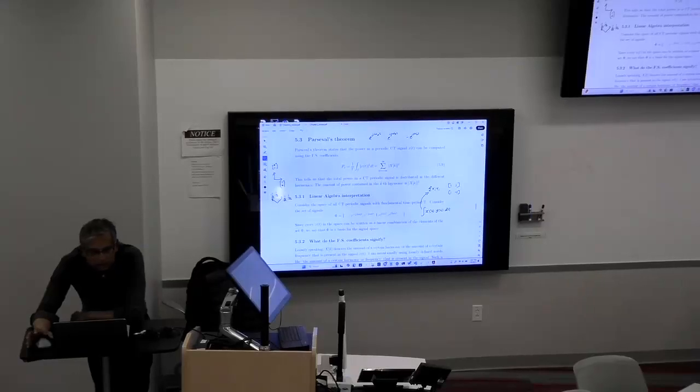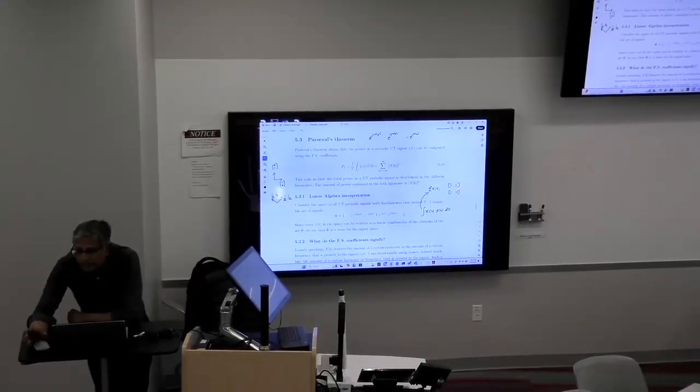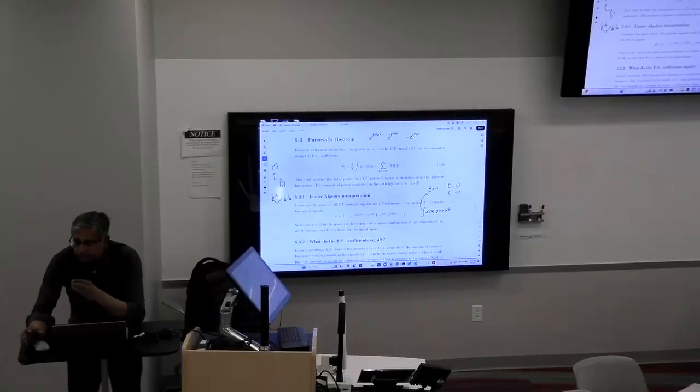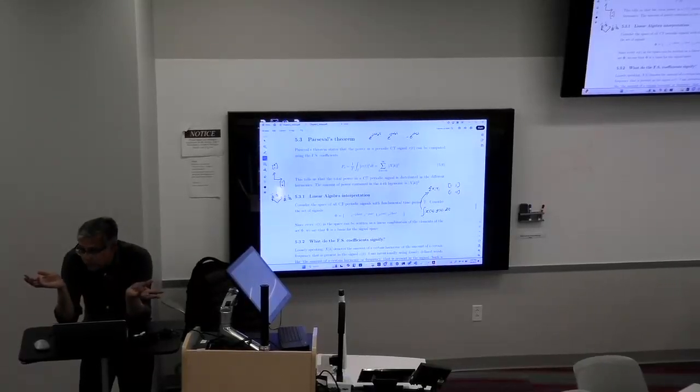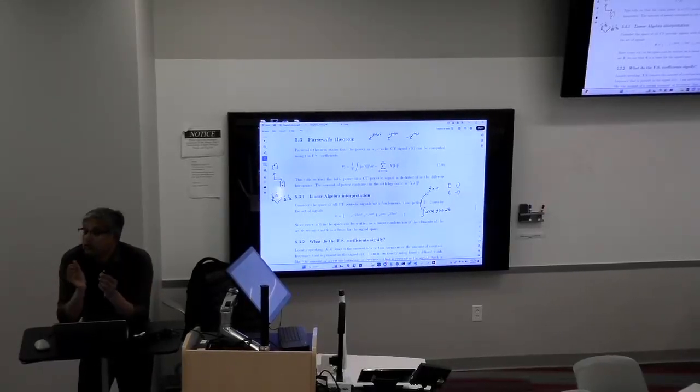So that tells you that we can interpret the magnitude of x of k squared as the amount of power that is present in the kth harmonic. Your total power is distributed among the different harmonics. How much of it is present in the kth harmonic? Well, that's the magnitude of x of k squared.